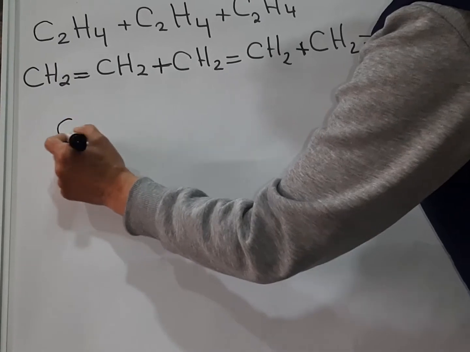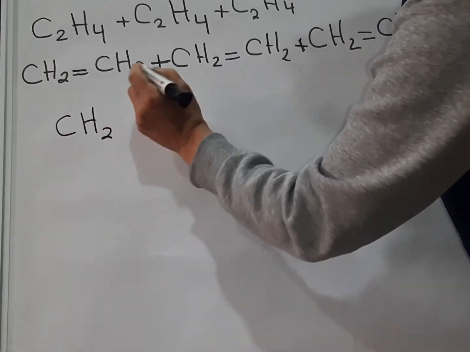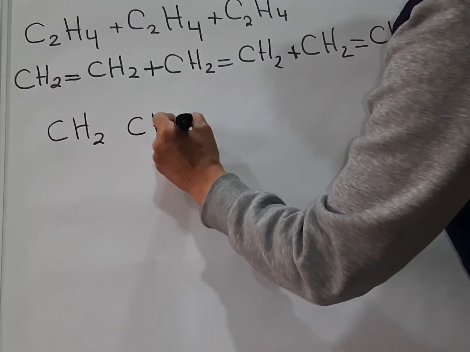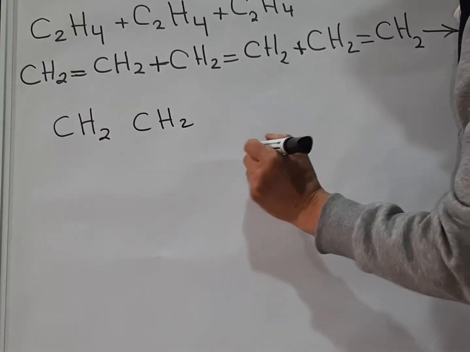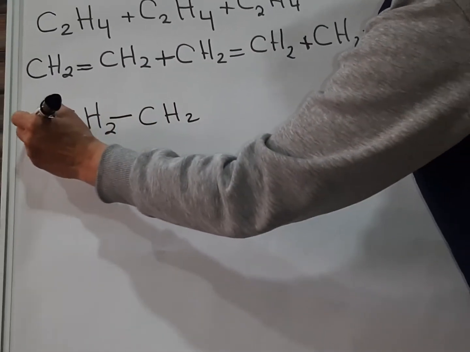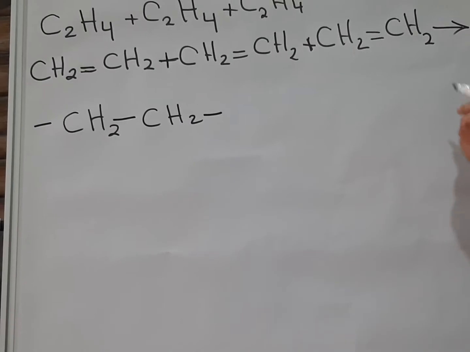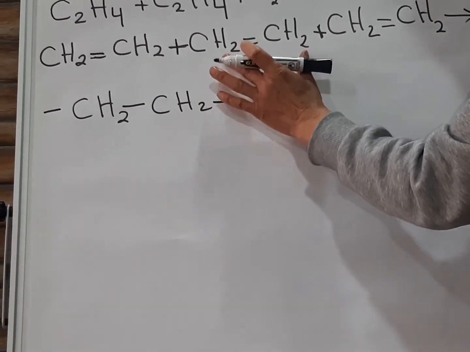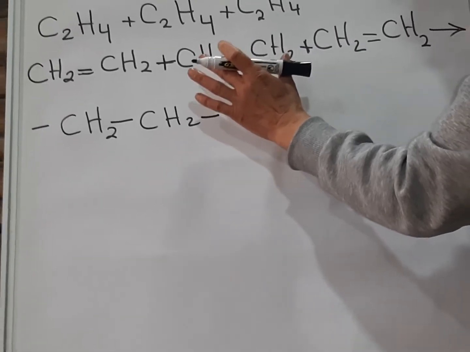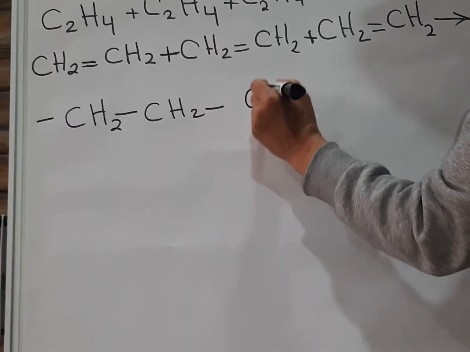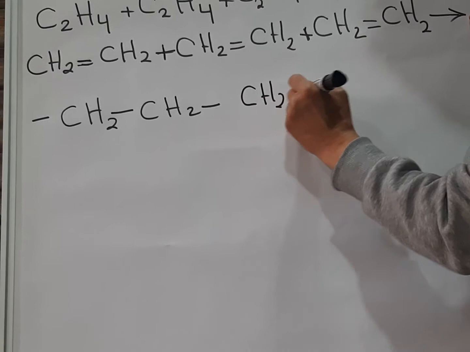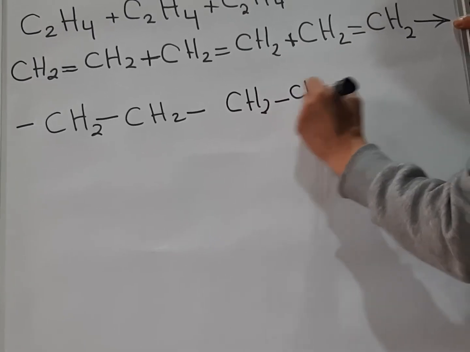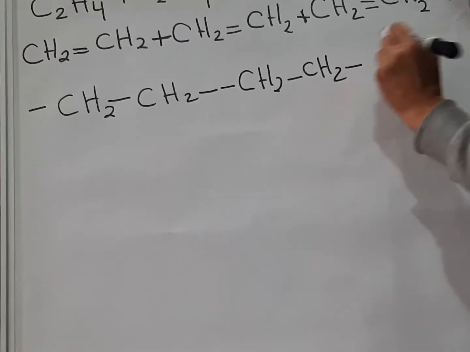So here we have CH2, CH2. This double bond breaks into single covalent bonds. It becomes like this. This is the first alkene.